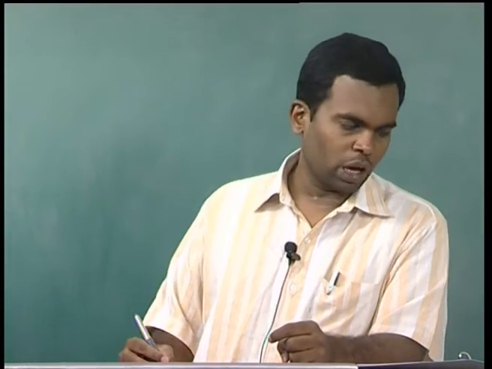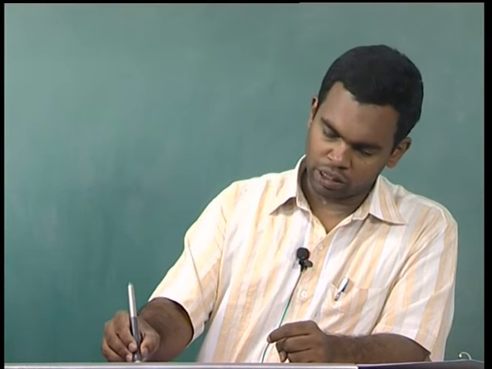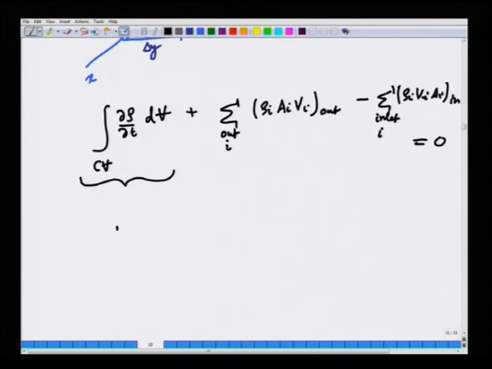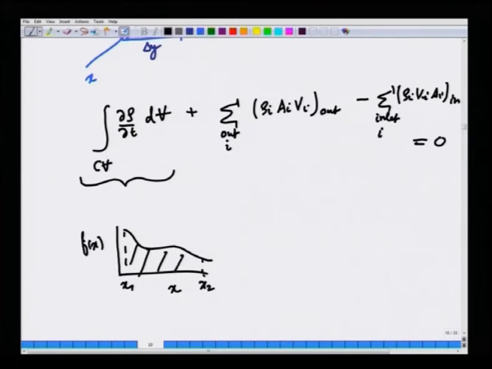Now, when the control volume is infinitesimal, we can make some changes to the integrals. Let me give you a very simple example. Suppose I have a function f of x, and I am integrating between x1 and x2. That is really the area under this curve.